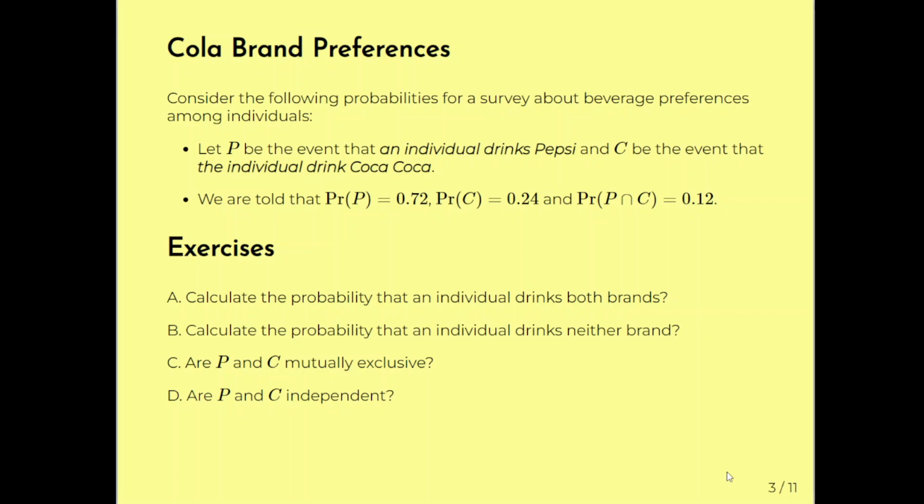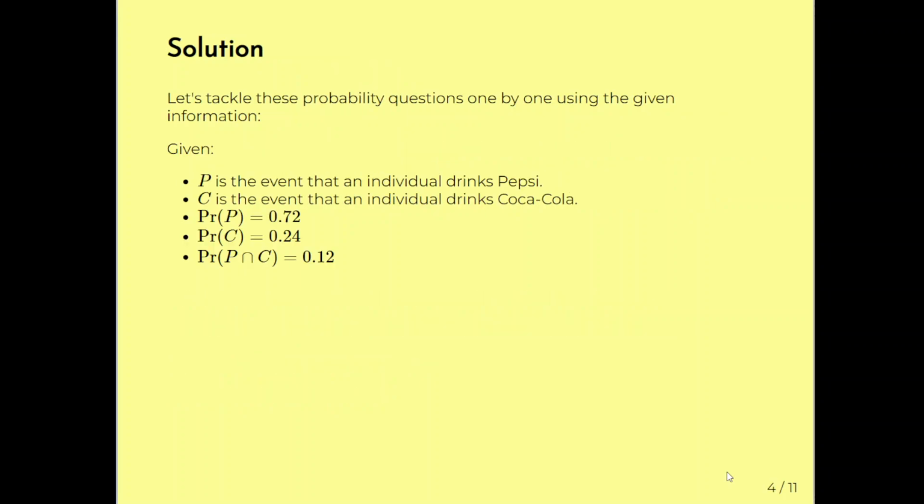Okay. So, if you're looking at this and you're thinking, what's this question here? It really actually is very straightforward, okay? It's actually just parsing the information you're given, because I explicitly give you the information that you require in the question for one or two of these questions. So again, let's just recap before we proceed. Let P be the event that the individual drinks Pepsi. Let C be the event that the individual drinks Coca Cola. Probability of P is 0.72.